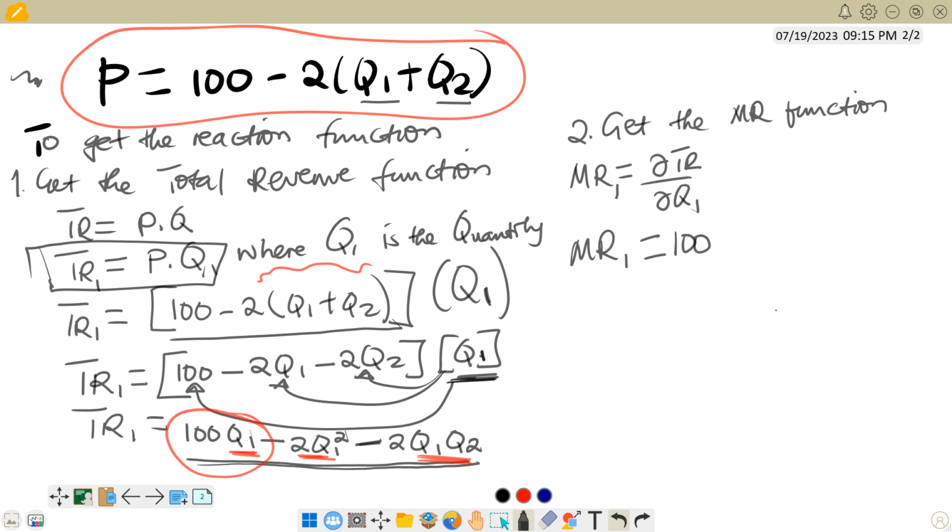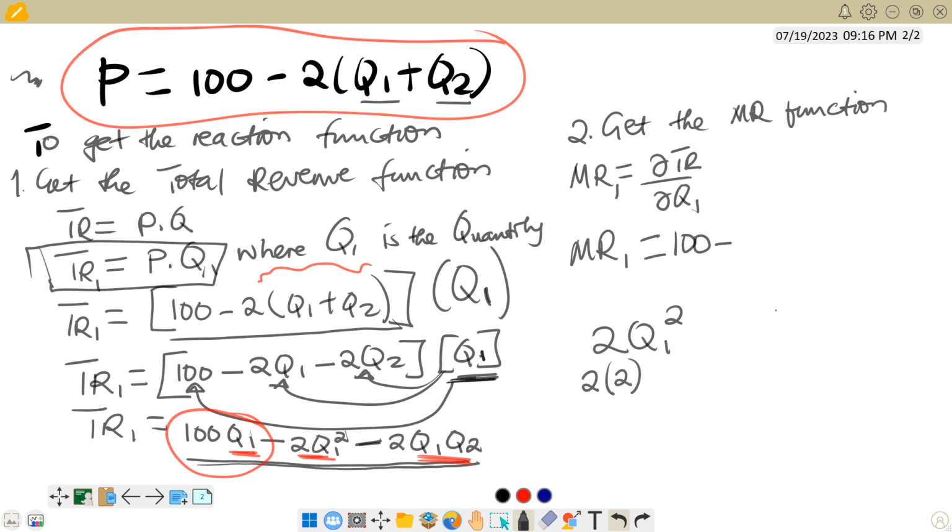The second term is negative 2Q1 squared. Can we differentiate this with respect to Q1? This time around our Q1 is raised to the power 2. So the 2 on top, we have to drop.